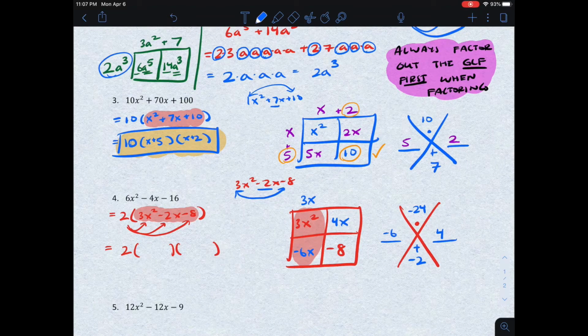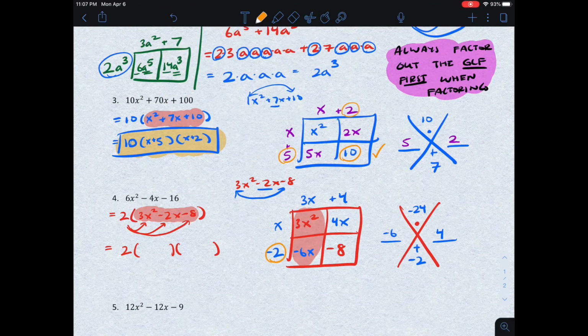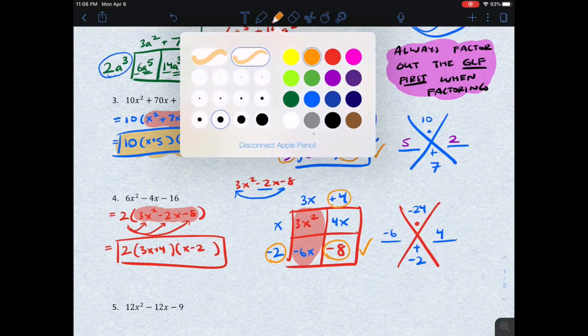And then we can fill out the rest, right? 3x times x gives me 3x squared. 3x times negative 2 gives me negative 6x. Here I'm going to put a plus 4. And then we can do a little check here. Negative 2 times positive 4 is negative 8, which is great. And so when I write down my final answer, I'm going to put 3x plus 4 here, and then x minus 2. And this would be my final answer.